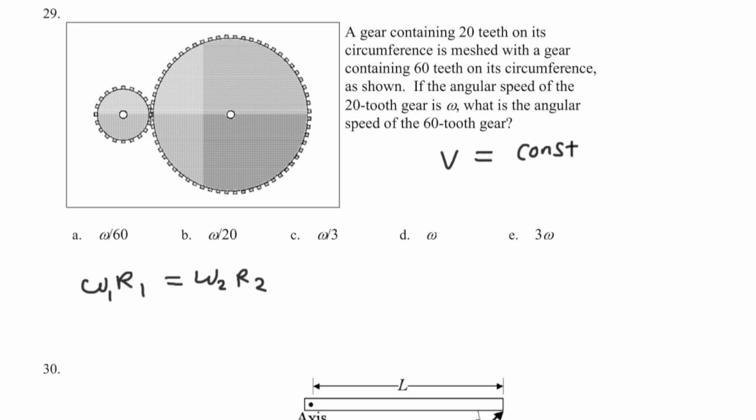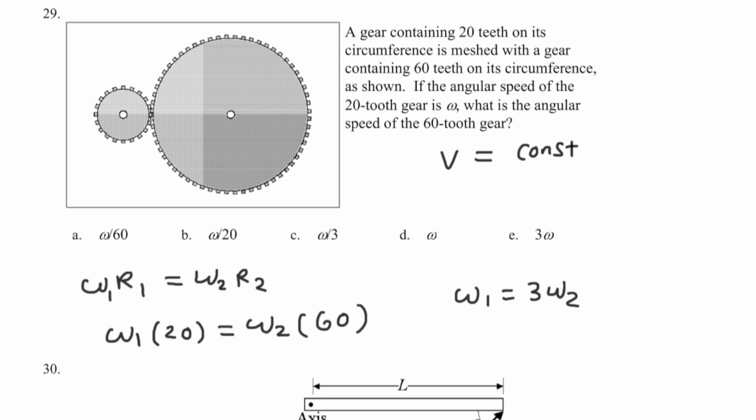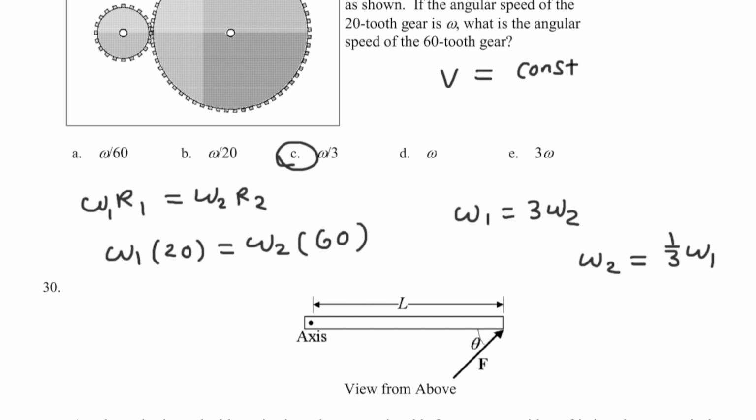And you can think of teeth and radius as coming in the same ratio here. So we have omega 1 of the 20-tooth gear is equal to omega 2 times the 60 teeth. So you get omega 1 is equal to 3 times omega 2. So the small gear is moving 3 times as fast, meaning the large gear is moving 1/3 of the original speed. So that would be choice C.